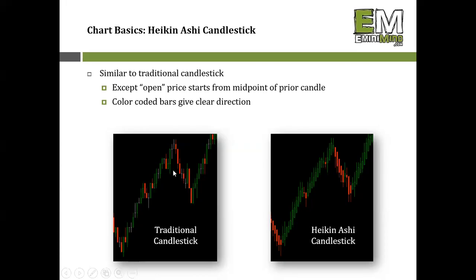Because if I were to just show you the chart on the left and ask you what's the trend, well, if you look at the left side of the chart and then the right side of the chart, you can see, okay, we're going up and to the right. Pretty easy to say it's an uptrend. You don't need the Heikin Ashi candlestick to determine that. But if we look at some tighter range-bound situations and consolidation, that's when it can be a lot more helpful.